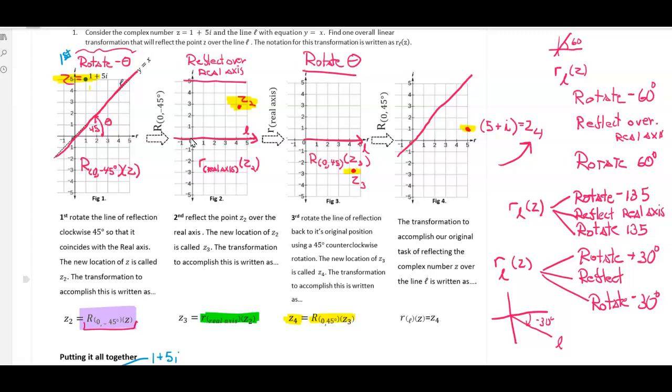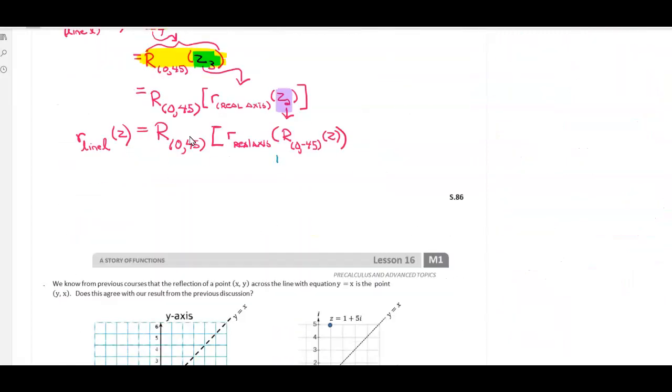Rotate negative 45 degrees. That's this right here. Rotate negative theta. Then flip over or reflect over the x, the real axis.